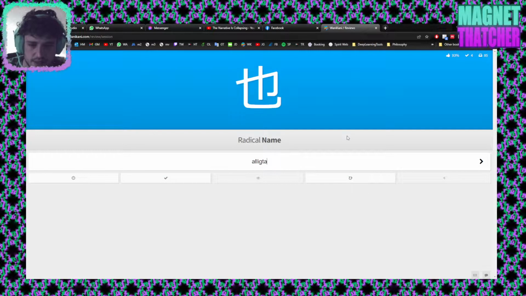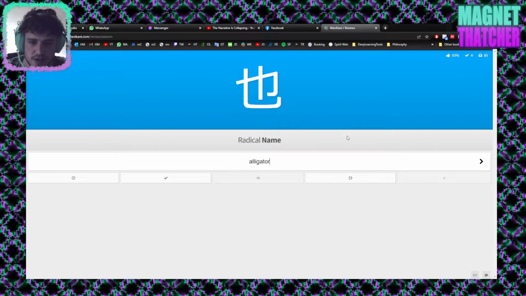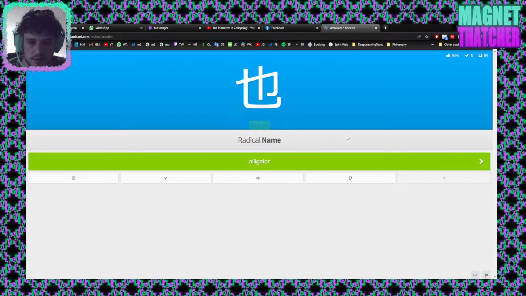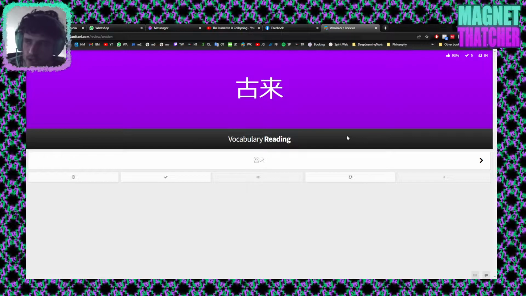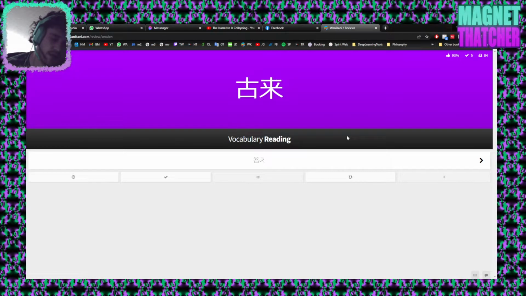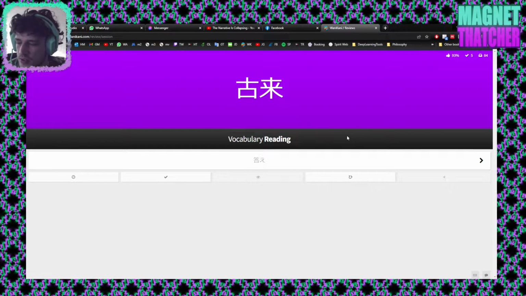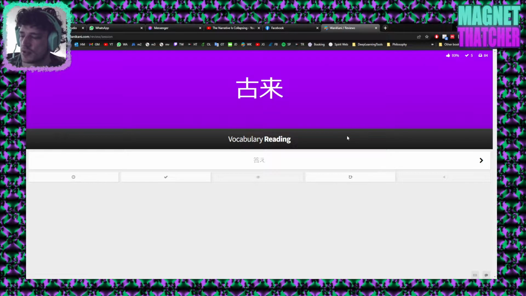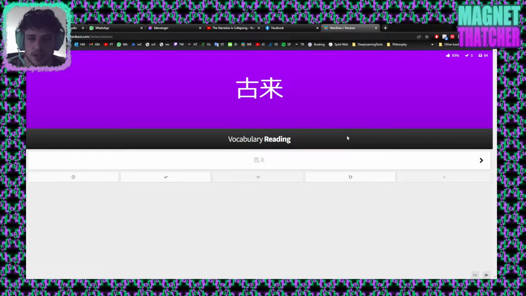It's an alligator. So these are radicals. These are what kanji are made up of. A lot of times the radicals will have similar meanings to the kanji, and then when you put multiple radicals together, they make certain kanji, but not necessarily related to the radicals. So sometimes you get false impressions.